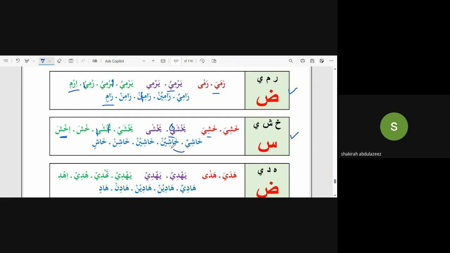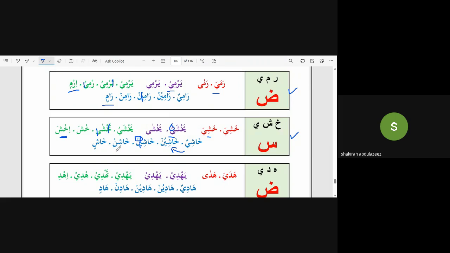When we open up yun, dhammatain, it is the same thing as before. So when we open it up, the ya, the weak letter, will be changed to sukun, because in Arabic the weak letter is weak, so the haraka will be dropped and it will change to sukun. So now we need to drop the weak letter, that sukun. When we now drop it, it will now become khashin.